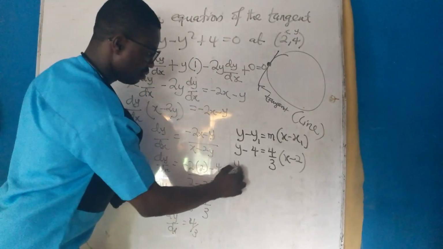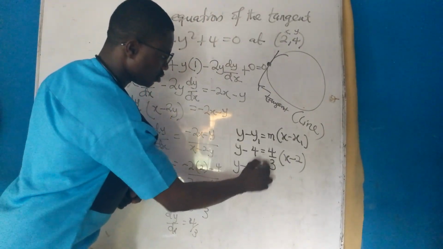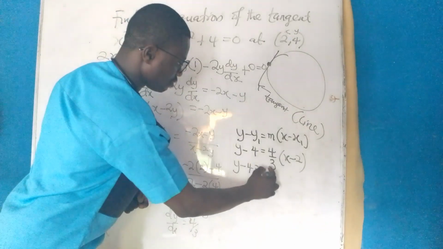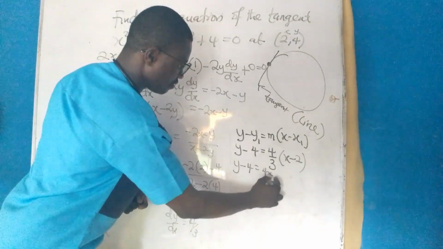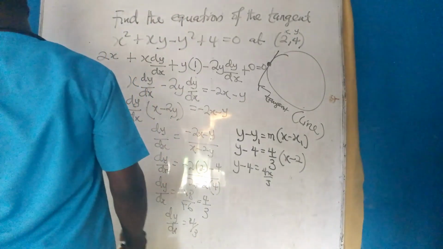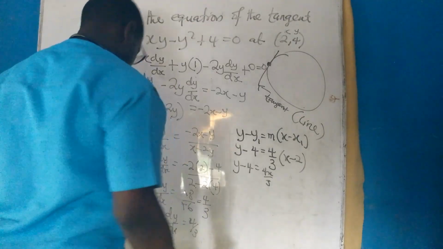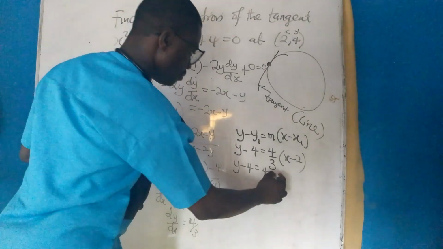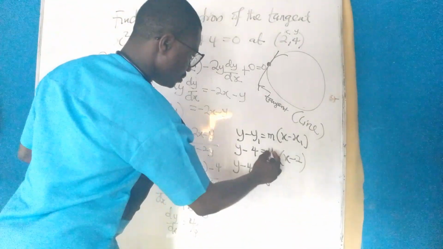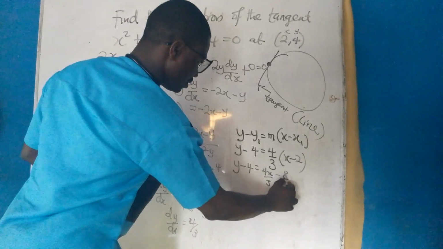So y minus 4 is equal to, let's expand, 4x over 3 minus 8 over 3.